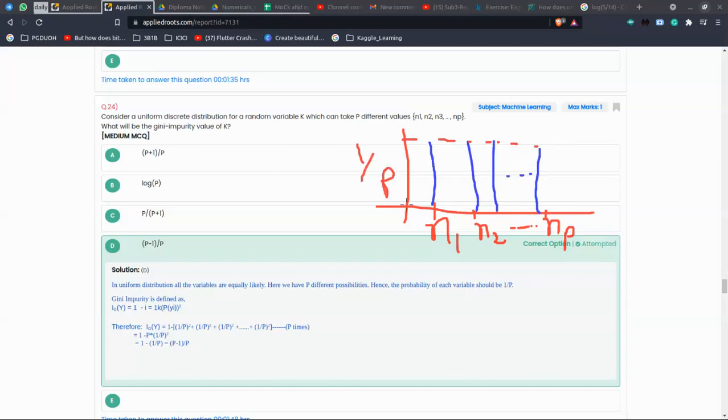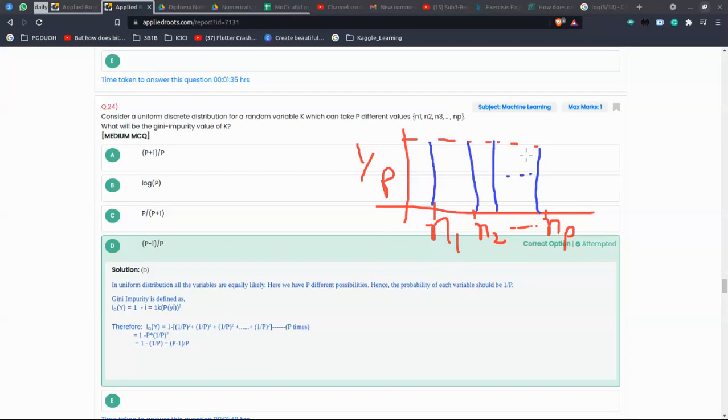Any doubt? Because I have a total of p observations, and all of them have the same probability. So the probability for each observation would be 1 by p. Same as throwing a dice. If you have 6 numbers, the probability for each number would be 1 by 6. Now I know the probability value.